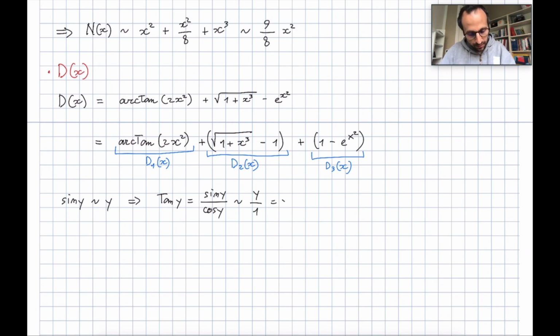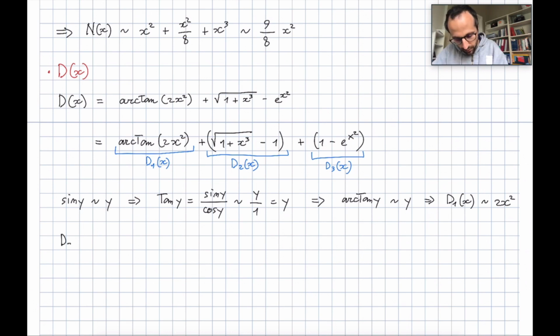And this is nothing but y. So the tangent of y is asymptotic to y too. By applying the arctan on both sides, we get that the arctan of y is asymptotic to y, and therefore that d1 of x is asymptotic to 2x squared, because instead of y I had 2x squared.